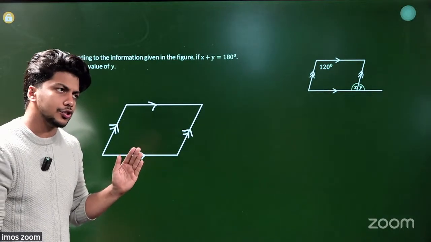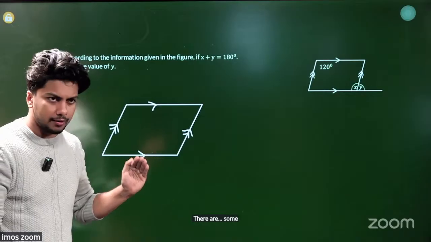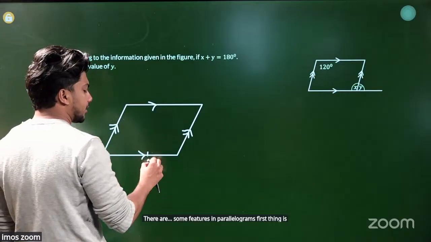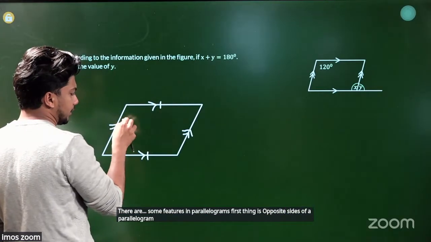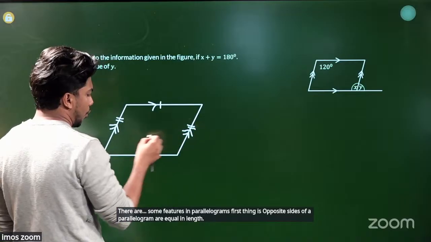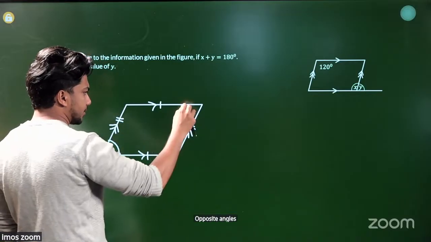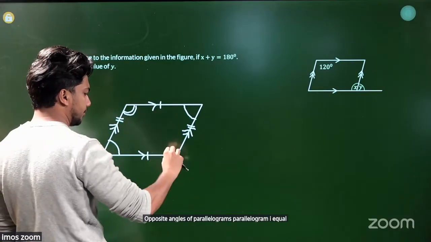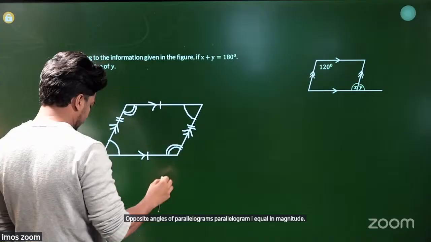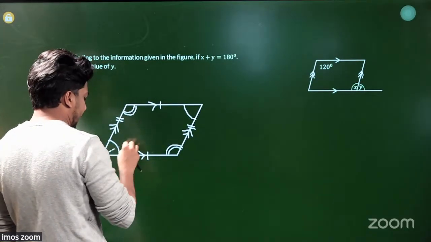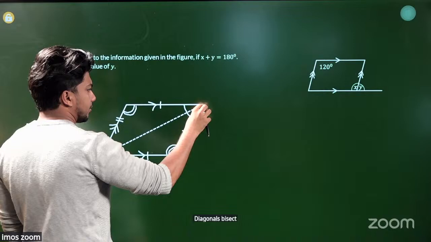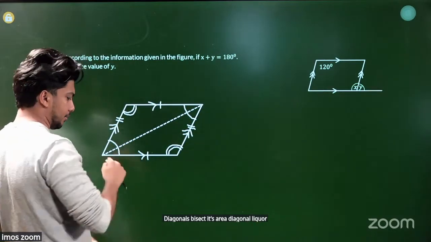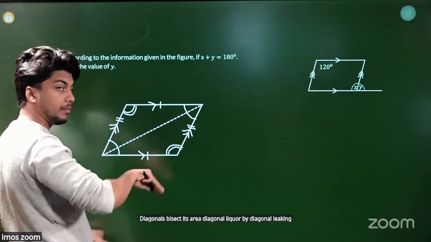There are some features in parallelograms. First thing is, opposite sides of a parallelogram are equal in length. Opposite angles of a parallelogram are equal in magnitude. Diagonals bisect its area. ඒ කියන්නේ මේ diagonal එකෙන් මේකේ total area එක bisect කරනවා.